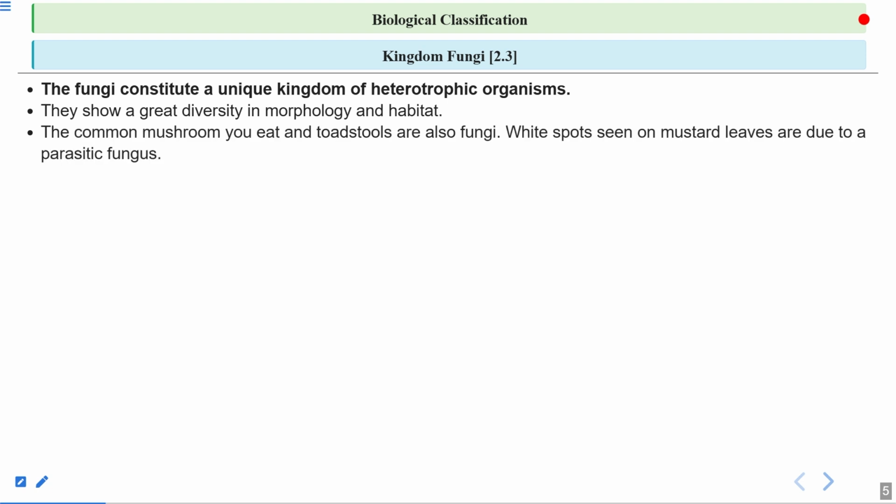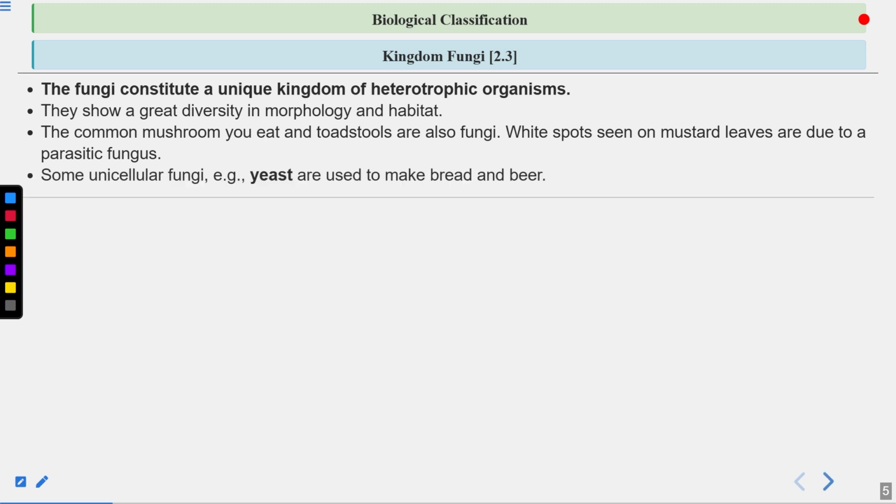Okay, the mushrooms and the toadstool that you eat, they are also fungi. So mushroom, you eat a lot of mushrooms, and toadstool, these are also fungi. Then fungi can cause diseases also. So you must have seen white spots on the mustard leaves. These white spots are due to the parasitic fungus Albugo candida.